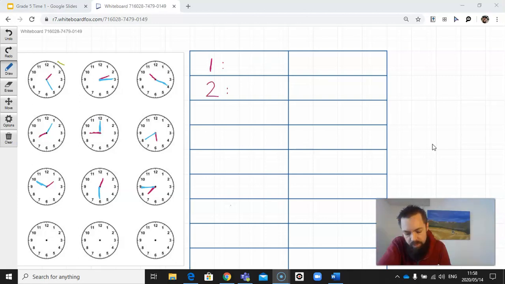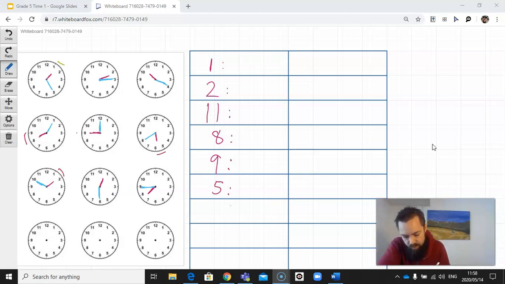For the third one, it's between 10 and 11, so we say that it's 11. For the fourth one, it's between 8 and 9, so we say 8. For the next one, it's between 9 and 10, so we say 9.